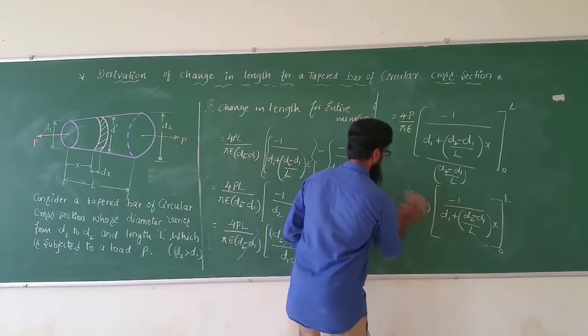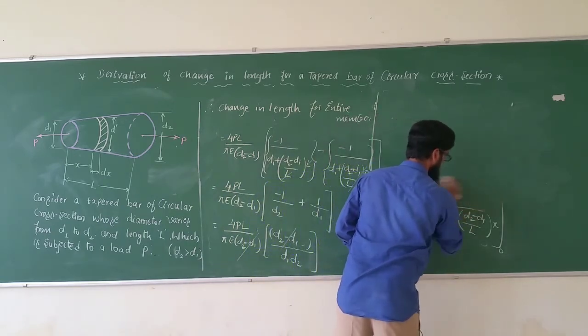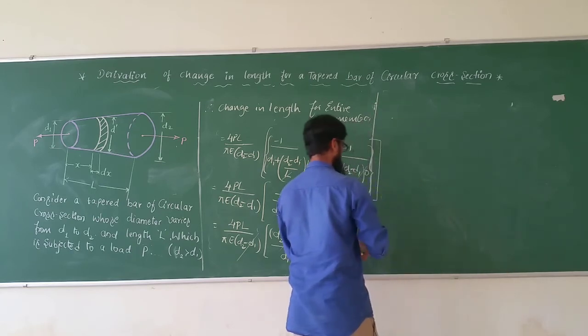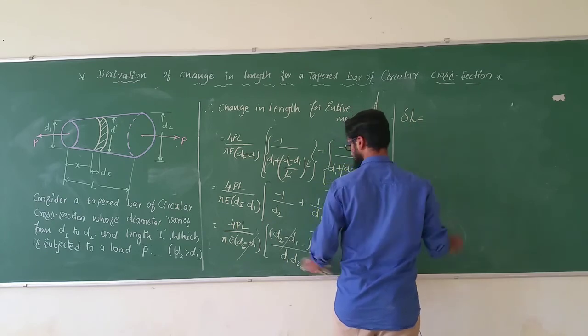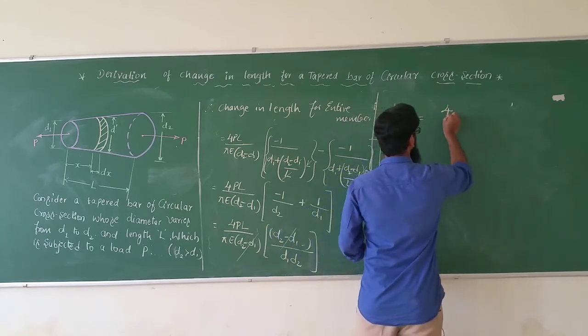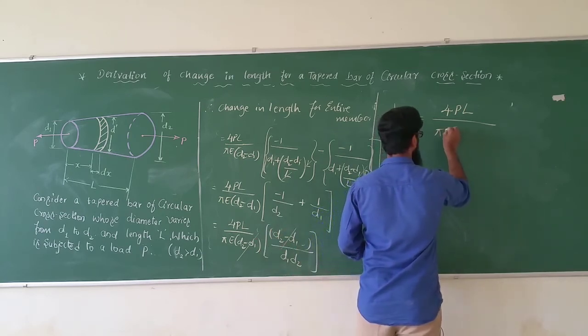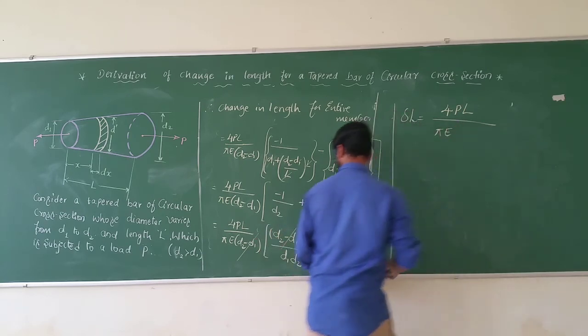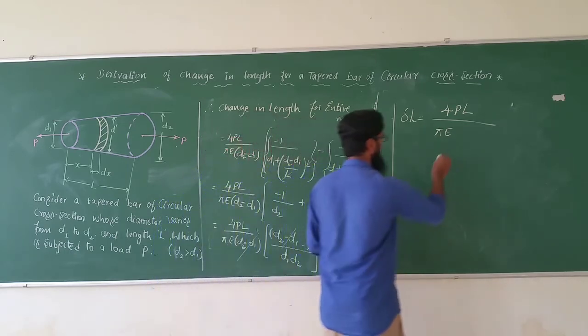You just simplify and write the equation in a simple manner. The total change in length delta L is equal to 4PL divided by pi E. Here d2 minus d1 gets cancelled, and the only remaining term is d1 d2.